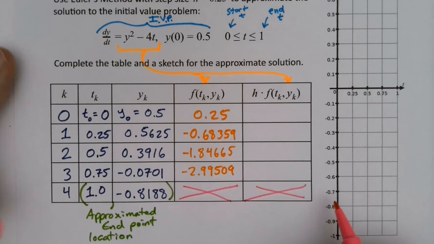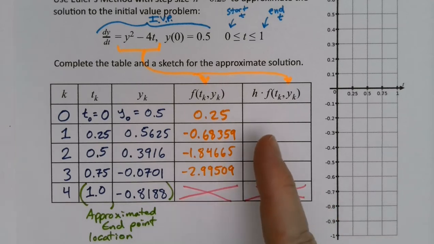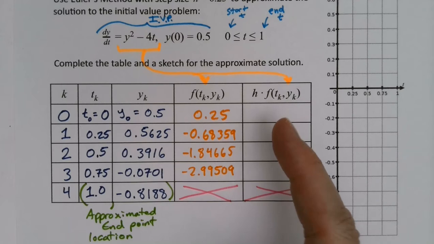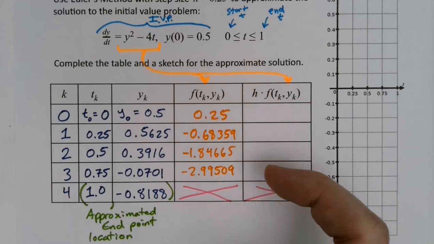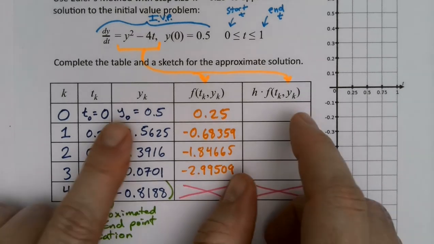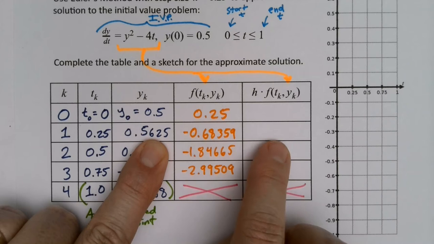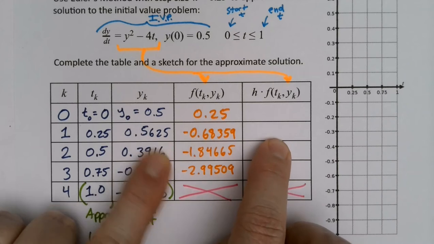Speaking of which, we have another column, and this column represents, if you remember, the step size times the slope. That's from our formula, right? And so if you were doing this all by hand, having this column would help us because we'd say that plus this gets you here. That plus this gets you here.